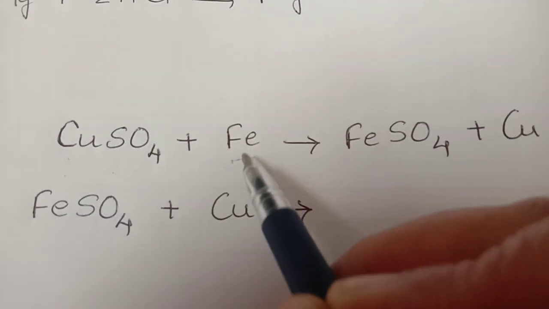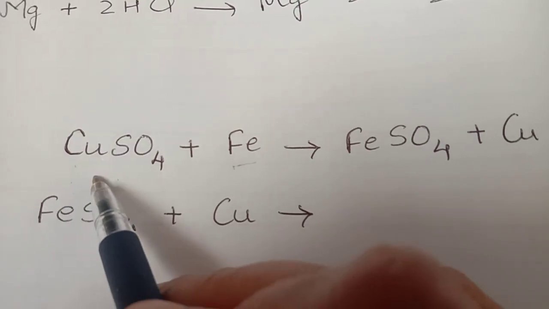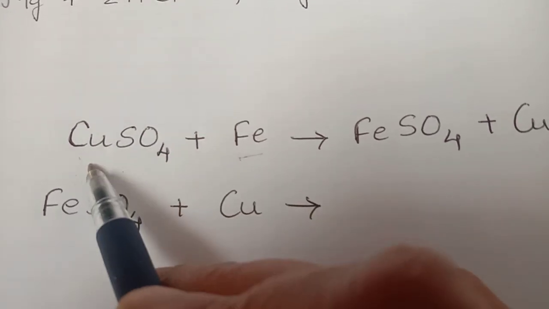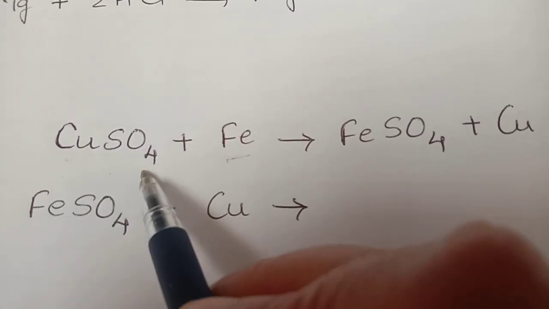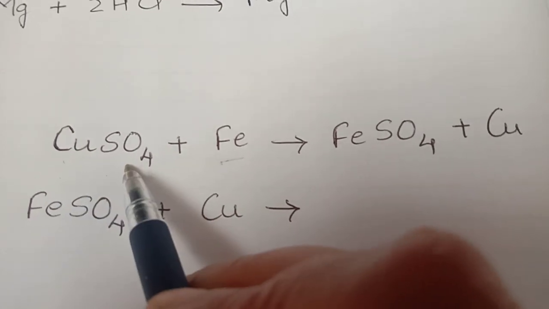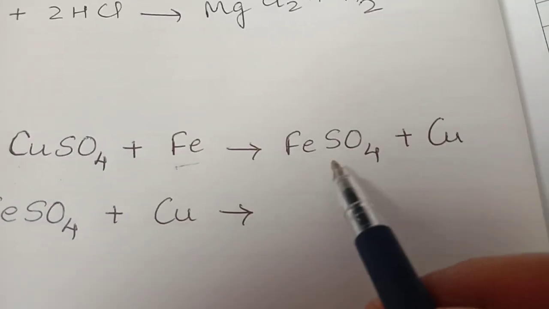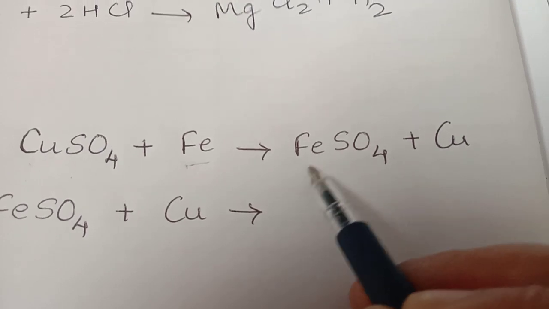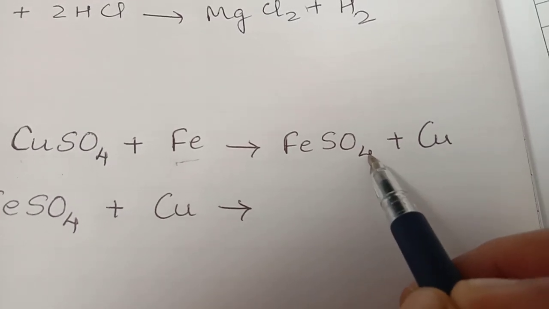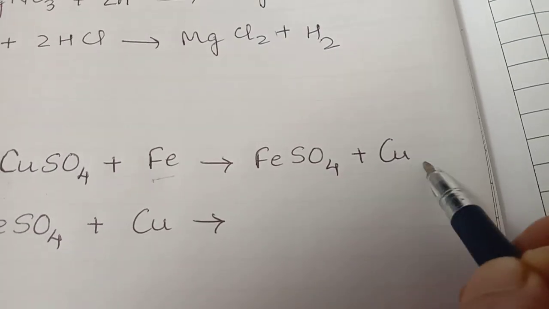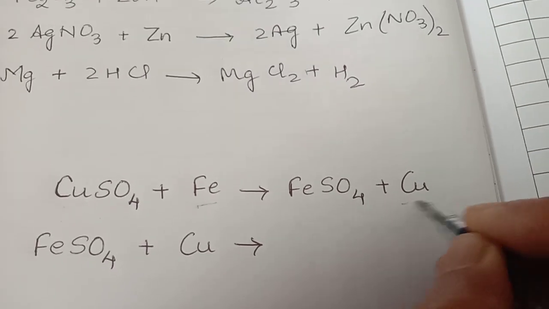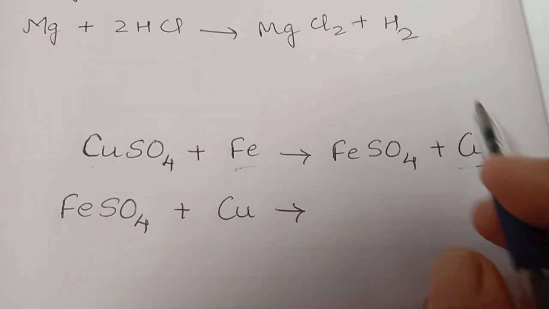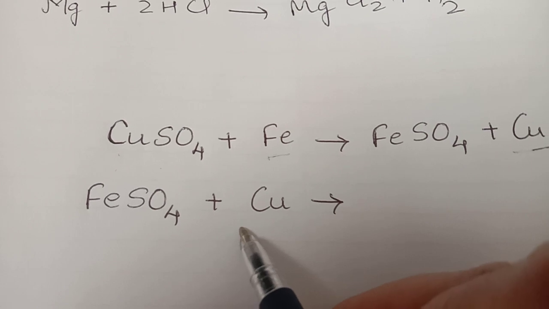Iron is a more reactive metal than copper, so it can displace copper from the copper sulfate solution. And so we get iron sulfate, or FeSO4, as the product, and copper has been displaced.